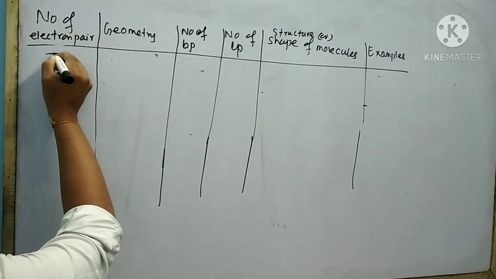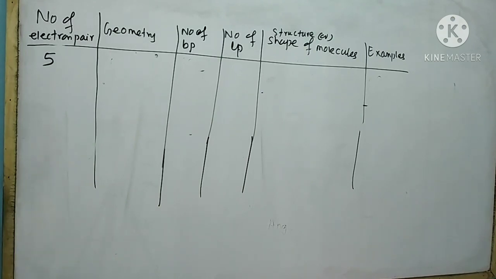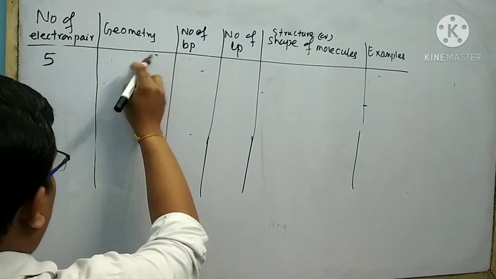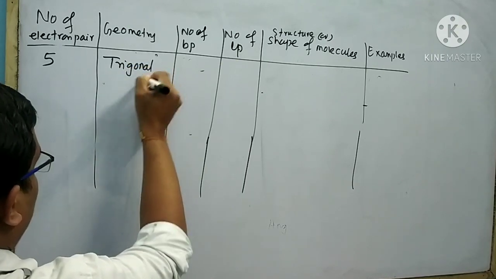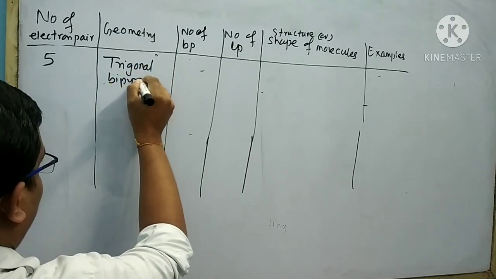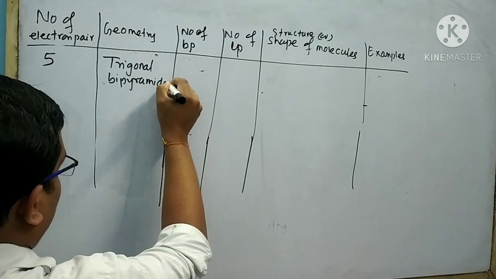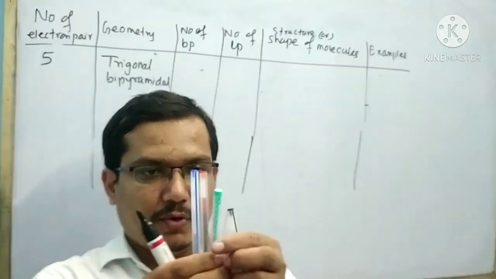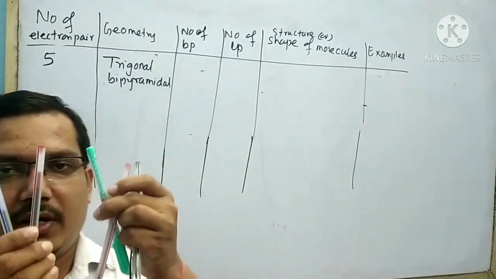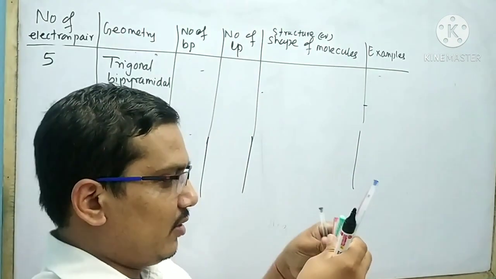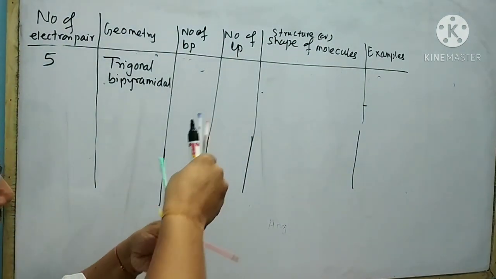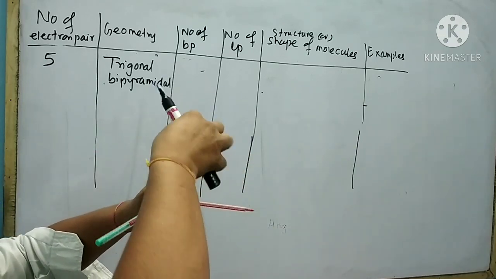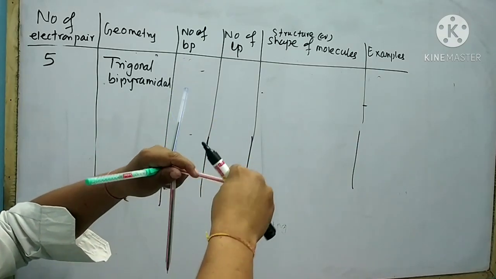Suppose a molecule has 5 electron pairs, then the geometry is trigonal bipyramidal. Suppose these are the 5 electron pairs. To maintain the minimum repulsion, these 5 electron pairs must be arranged like this.